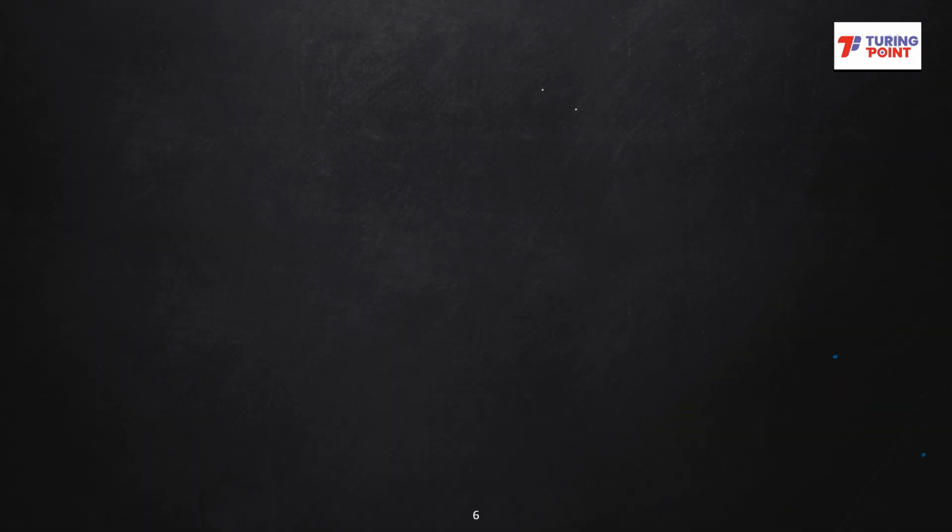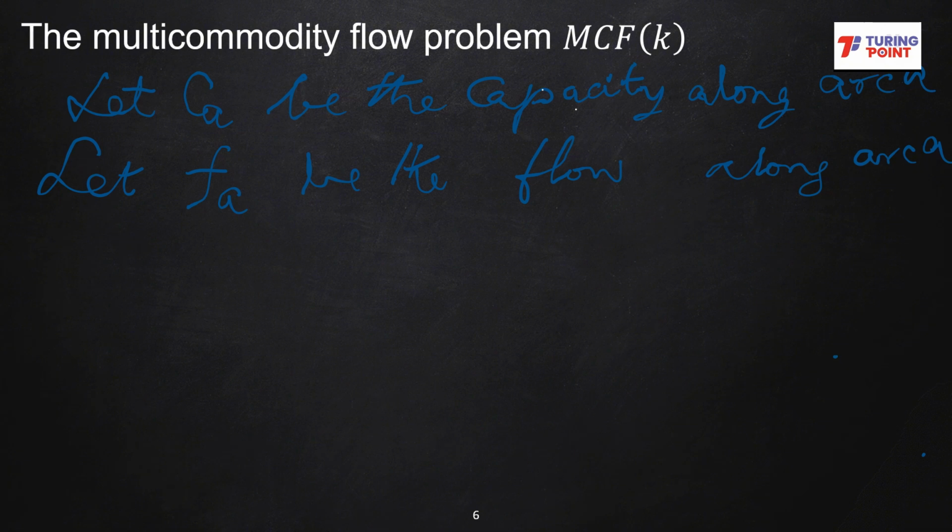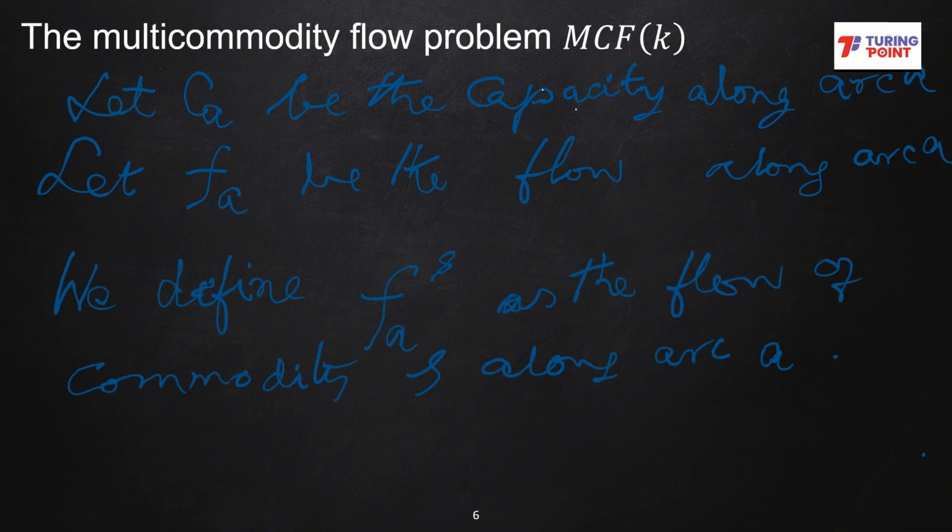The multicommodity flow problem. Some notation. Let C suffix A denote the capacity of arc A in the set of arcs for the network Nk. Similarly, let Fa denote the flow along arc A. We define F super S suffix A as the flow of commodity S along arc A. We have the following restrictions in the problem.